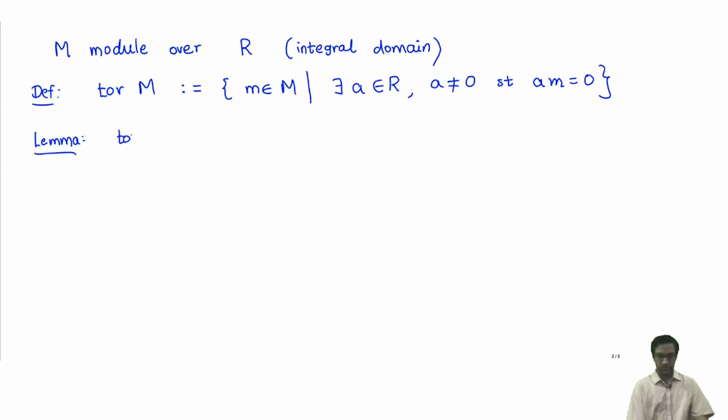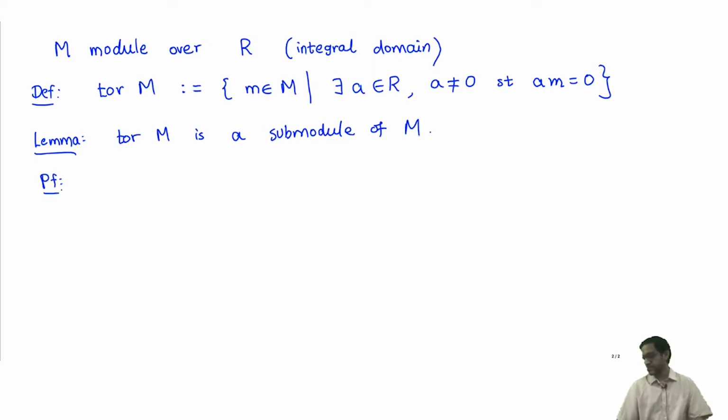So tor M is a submodule. Let's check what this involves. We need to check that it's closed under addition as well as under scalar multiplication. Suppose I have two elements m1 and m2 in tor M. What does that mean?